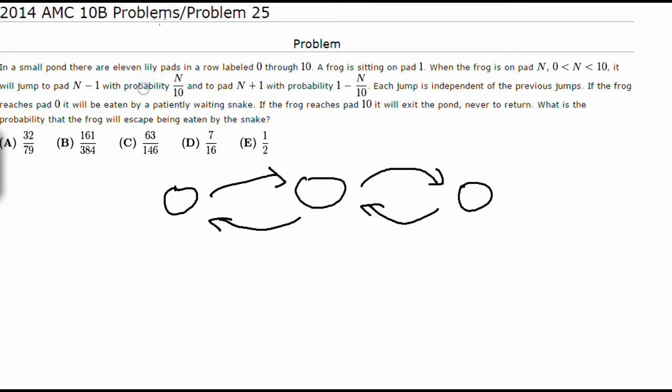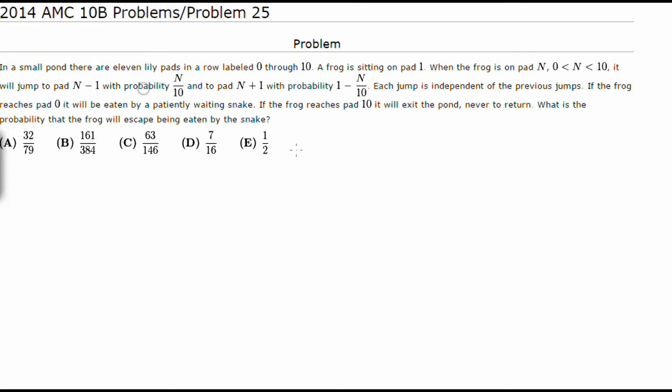But we have 11 lily pads, so it's going to be harder than that. But we have to notice a pattern. We have to notice that on pad 5, the probability of going to pad 0 and the probability of going to pad 10 is equal.